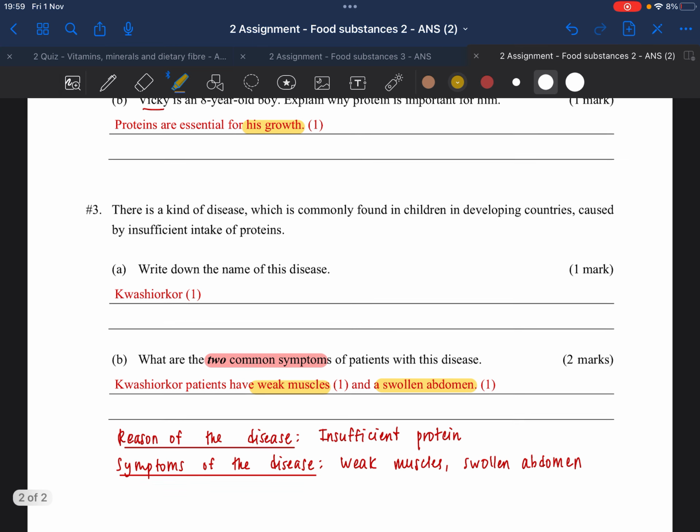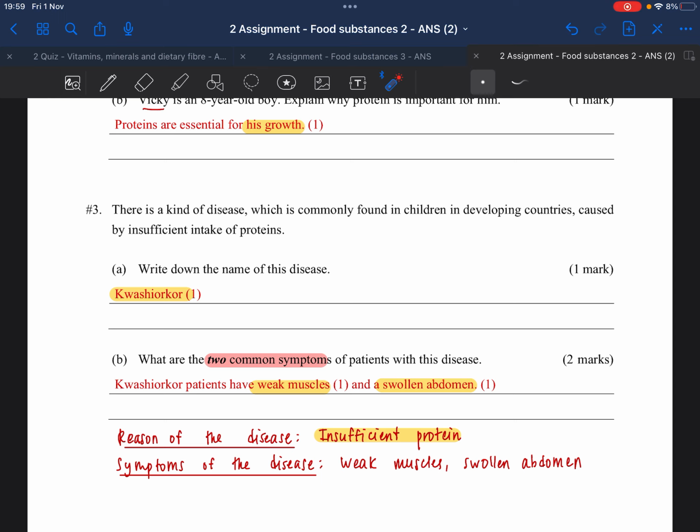And for question 3, it is about Kwashiorkor disease. So the spelling is important here. And for part B, you are asked about 2 common symptoms of the patient with this disease. Some of you have written insufficient protein as the symptom, but this is not the symptom. This is the reason for this disease. But you are asked about the symptom.